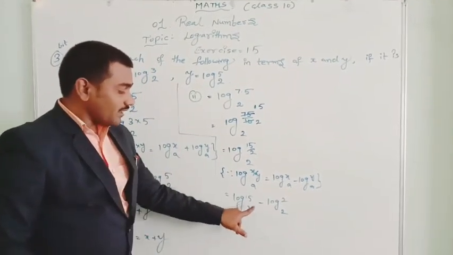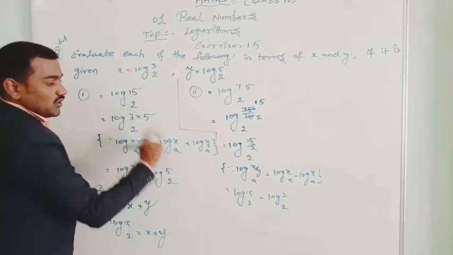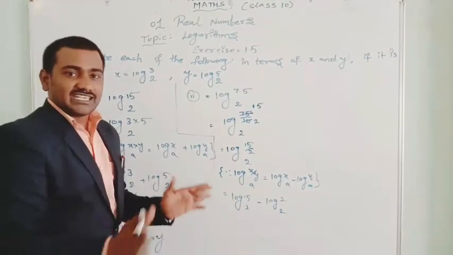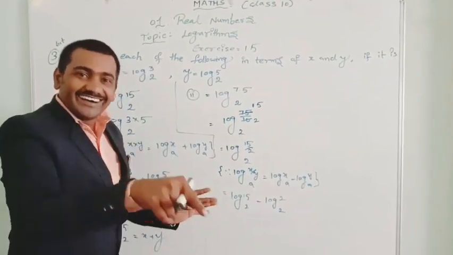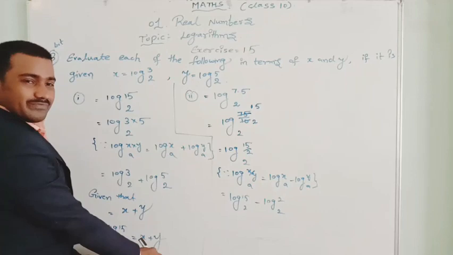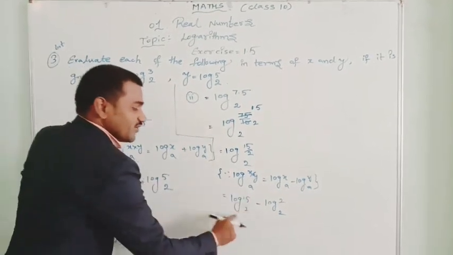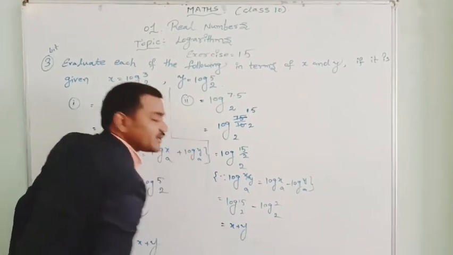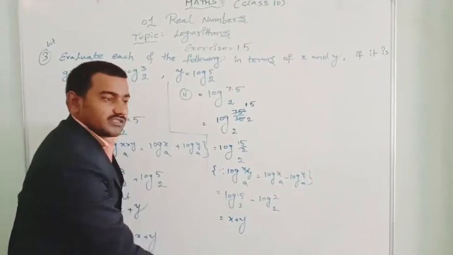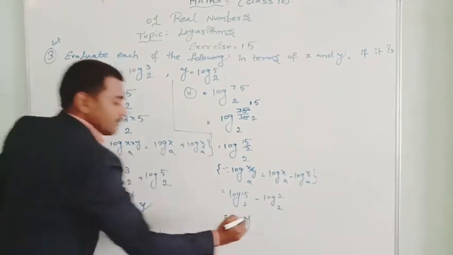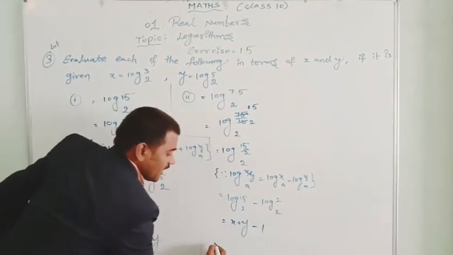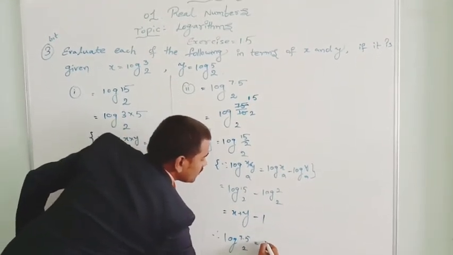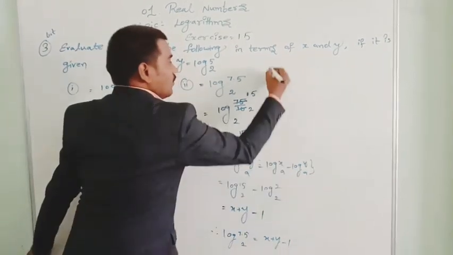And log 15 base 2 is from solution number 1. In the exam you cannot just write that it is from solution number 1, so you need to express the same again and rewrite all of this. I can write x plus y directly here to save your time, but you have to show how it is x plus y in the same manner again, minus this value 1. Therefore log 7.5 base 2 equals x plus y minus 1.